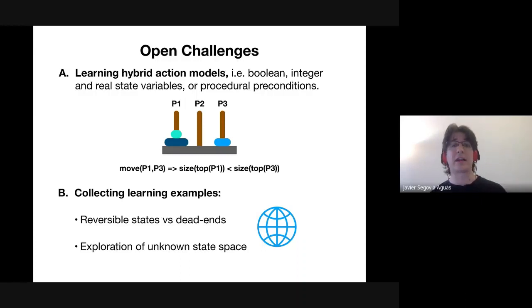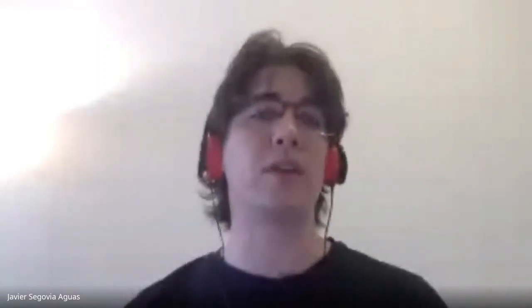Also, realistic learning examples, as previously mentioned. Right now we have these plans, we have a lot of information, but to be more realistic, we should focus on sensory data samples at a certain frequency, like hidden Markov models that have already been successfully applied in this kind of problems.